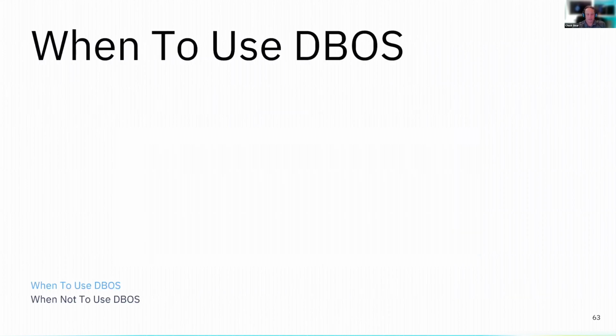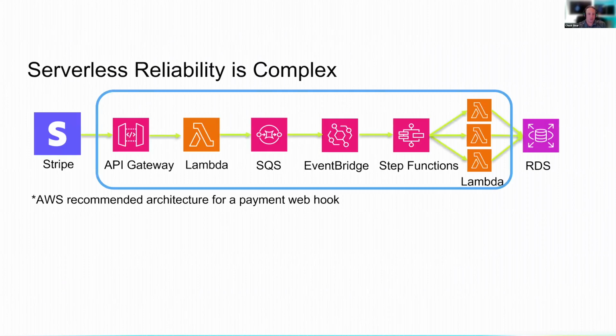So when would I say you should use DBOS? So we did this ourselves. We tried to make our DBOS Cloud subscription use Amazon in their recommended way. And there's a lot of services necessary if you're trying to use Lambda and RDS together. You need SQS to make sure that things get redispatched and to sort of distribute them, I suppose, but mostly to get them redispatched.